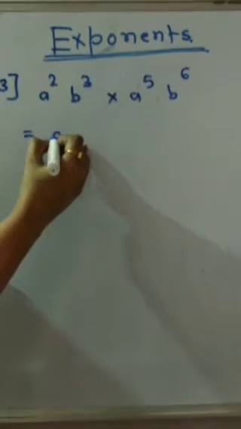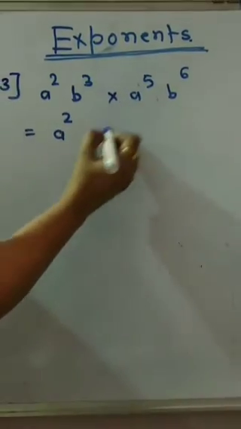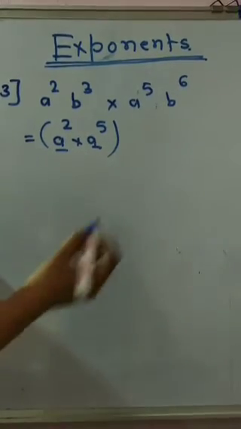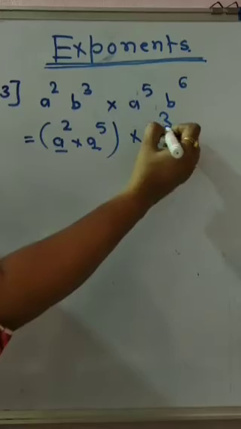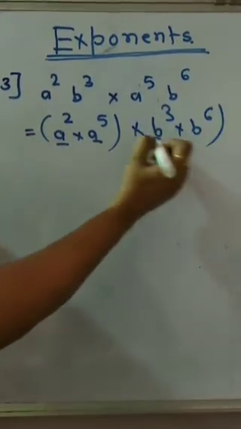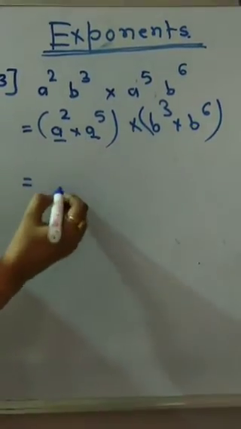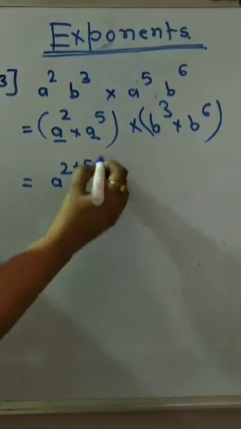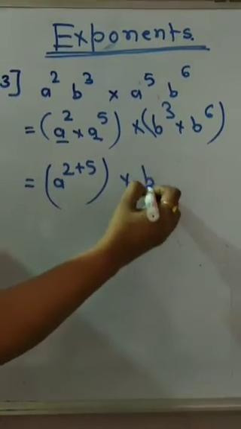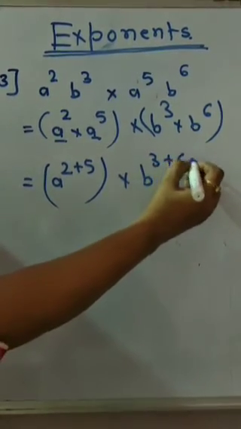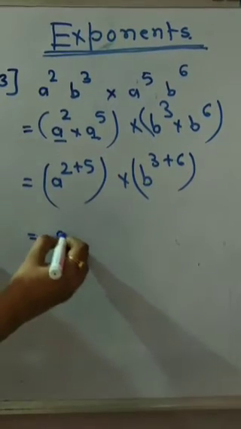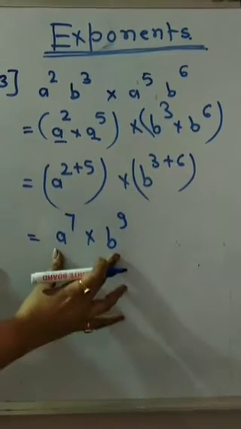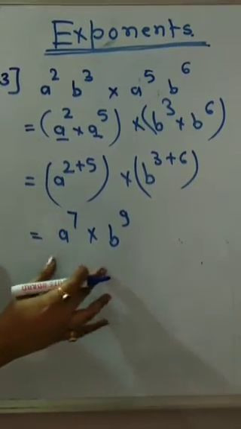Therefore, a raised to 2 into a raised to 5, and b raised to 3 into b raised to 6. The base is the same, go with the formula. In addition, a raised to 2 plus 5, into b raised to 3 plus 6. A raised to 7 into b raised to 9. Here the bases are different, so this is the answer.